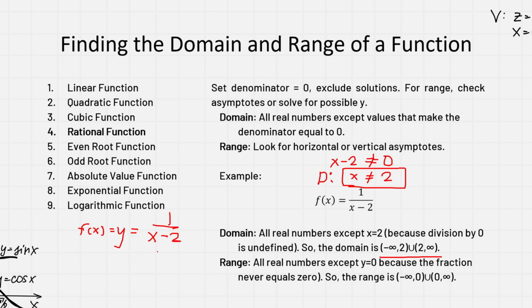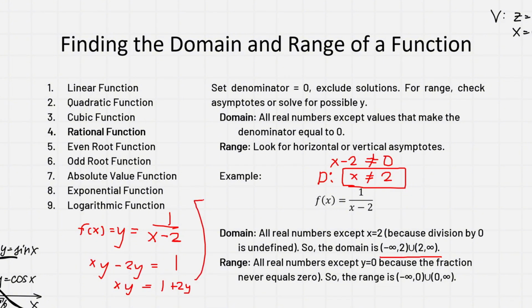So we have xy minus 2y equals 1, and then transpose 2y, so we have xy equals 1 plus 2y, and then divide both sides by y so that we can get x on the left side only.